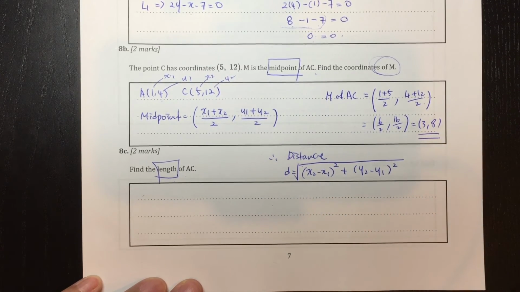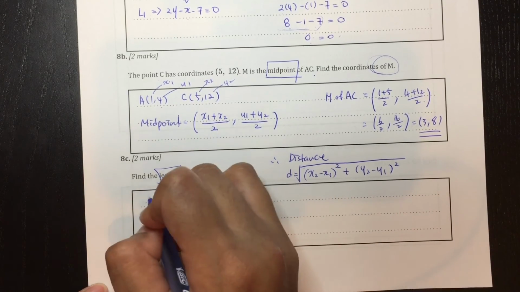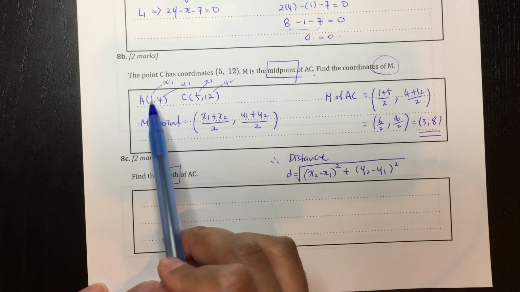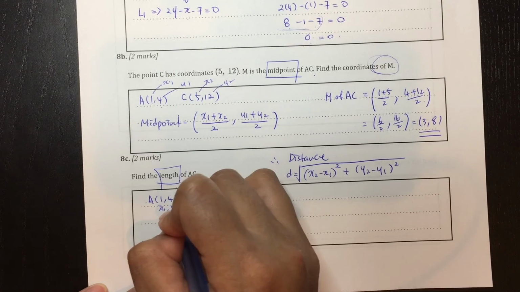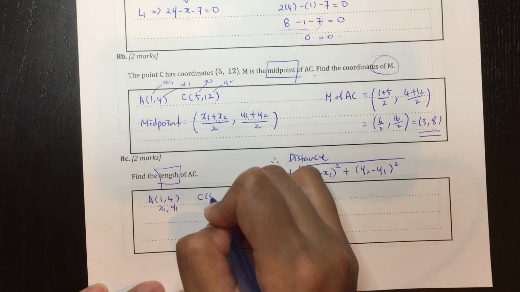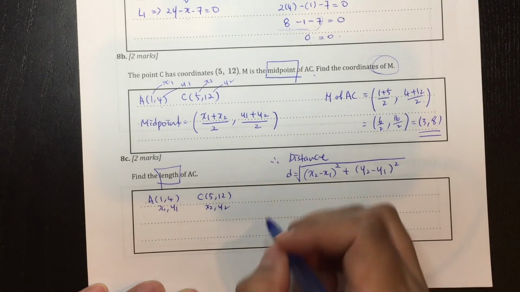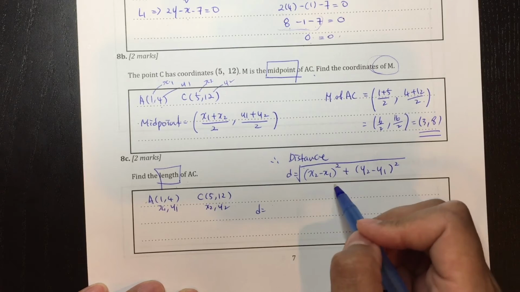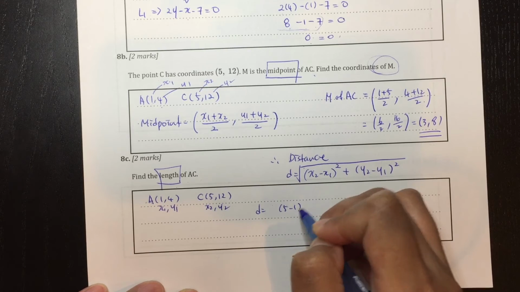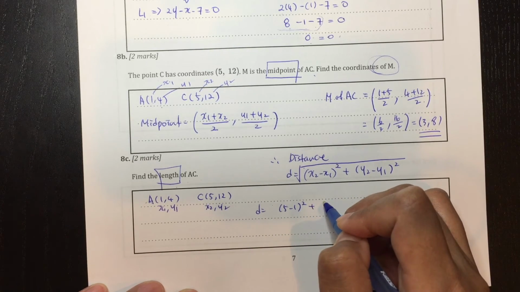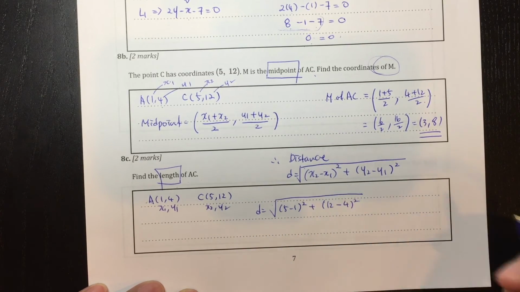Same thing, I'm going to set point A, 1, 4, as x1 and y1, and point C as my x2 and y2. Let's plug these numbers into the formula: 5 minus 1 to the power of 2 plus 12 minus 4 to the power of 2, square root.